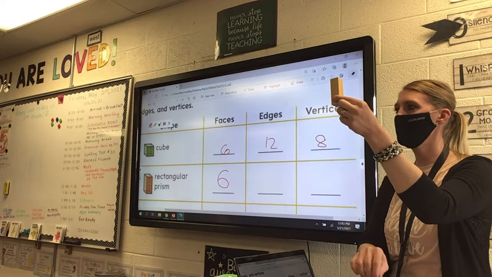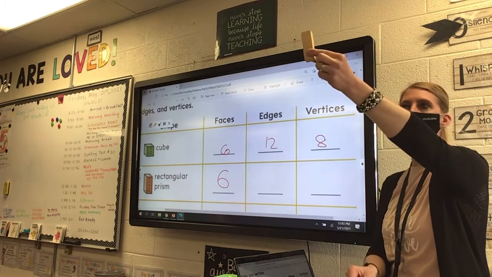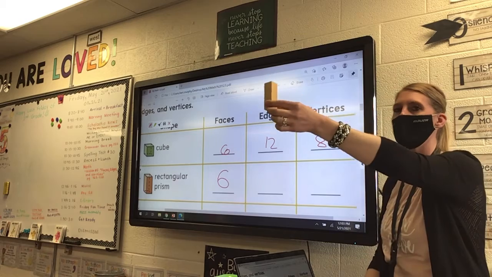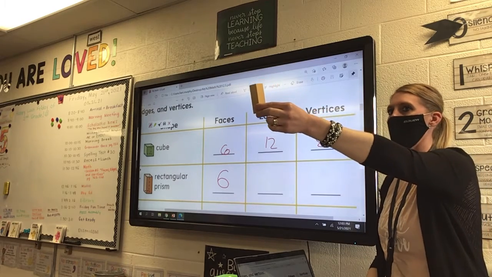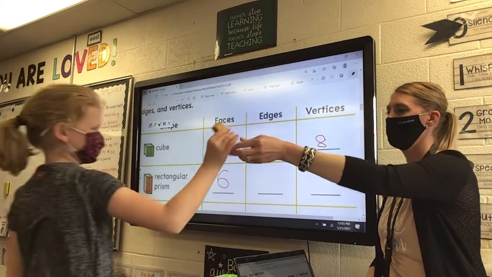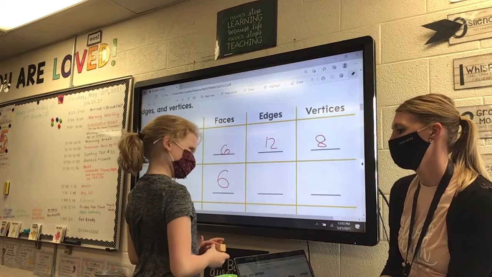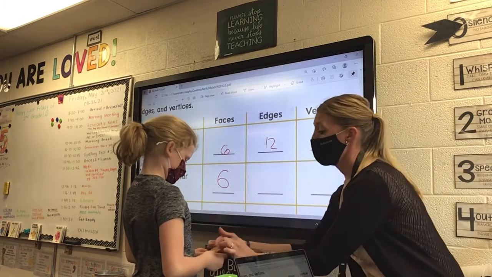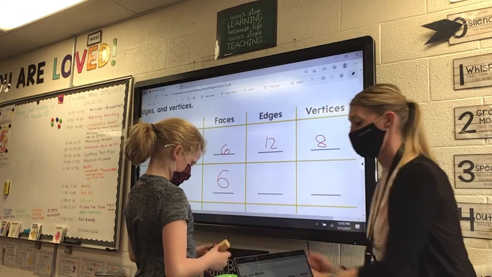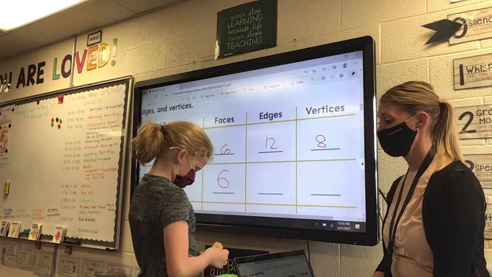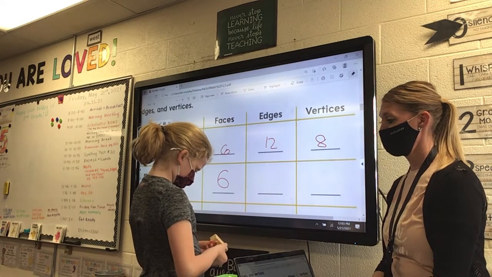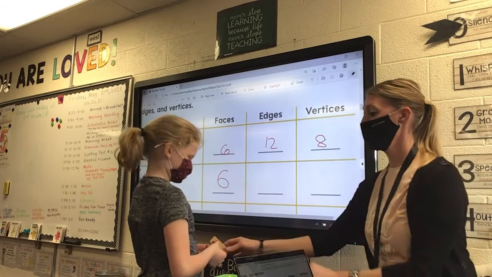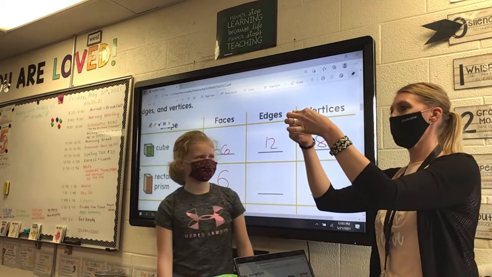Okay, the edges. Ingrid, you want to come up here and see how many edges? So the edges were like where they meet. So like this would be an edge. Okay, so Ingrid's got, let's help her count.